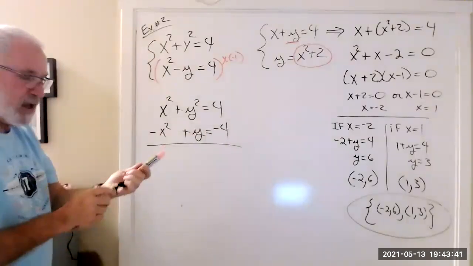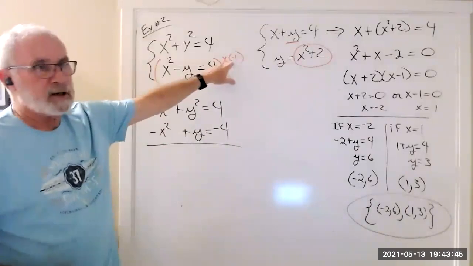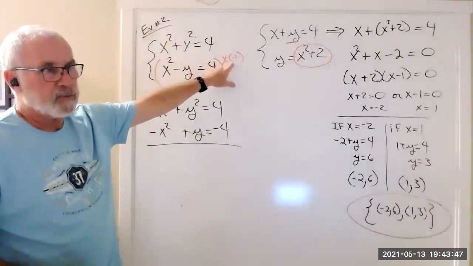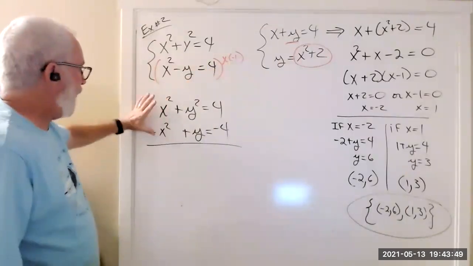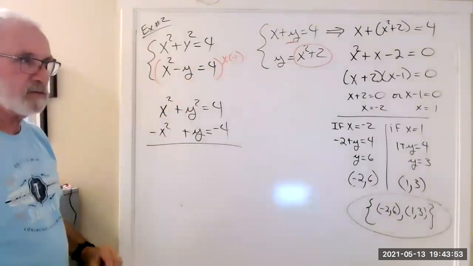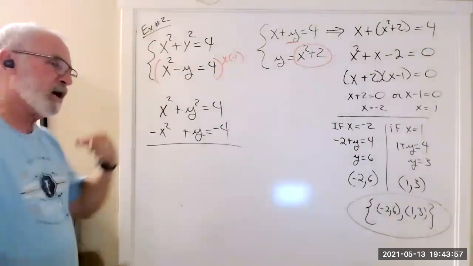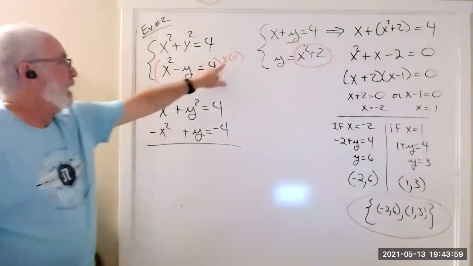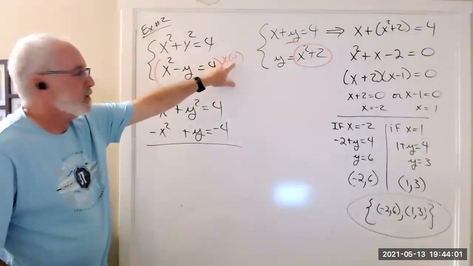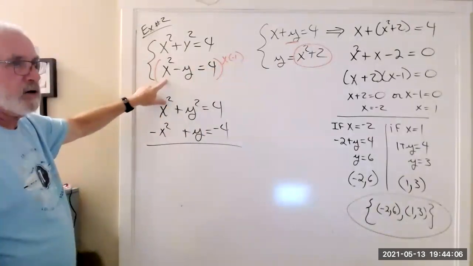Because remember, the elimination technique was multiply by some magic number so that when you add them together, a variable drops out. And that required you to kind of think a couple steps into the future. I saw this as, oh, if I multiply this by -1, I'll have negative x squared.